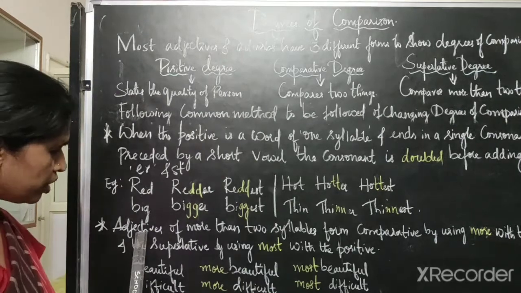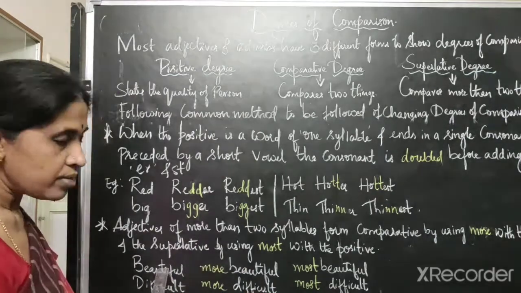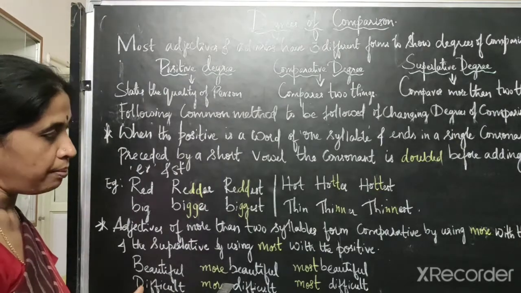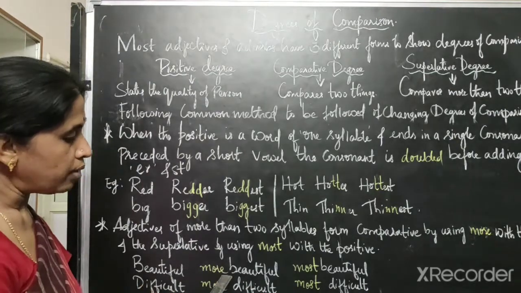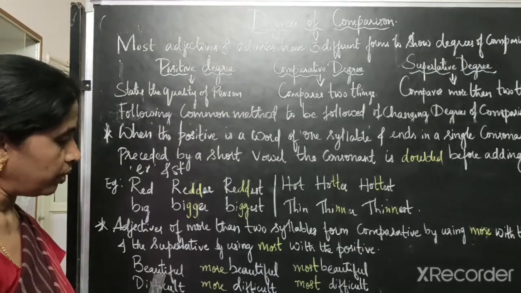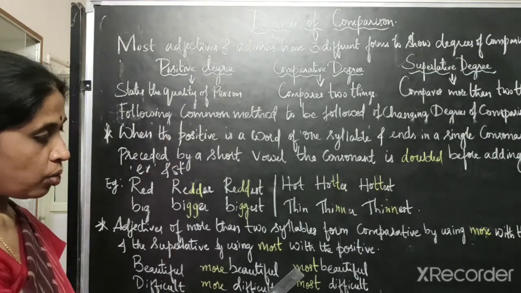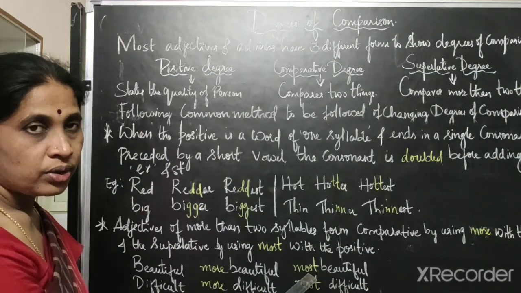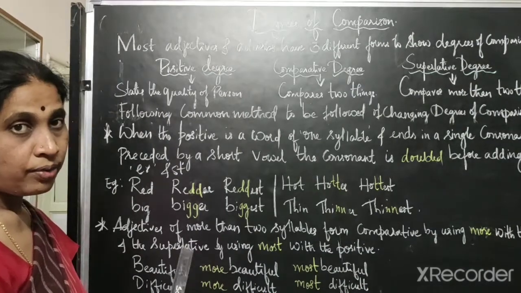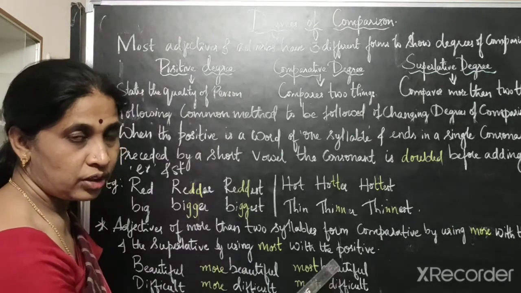If the adjective has more than 2 syllables, to form a comparative, you should add the adverb more, and most is added to form a superlative. I think you all understood.